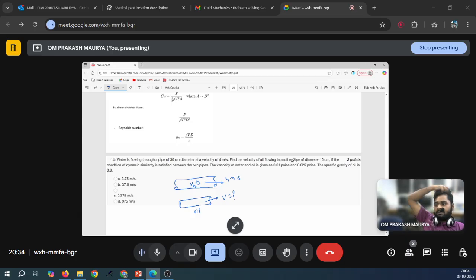Another data: dynamic similarity is satisfied between the two pipes here. The viscosity of water is given 0.01 poise, and the viscosity of oil is given 0.025 poise.